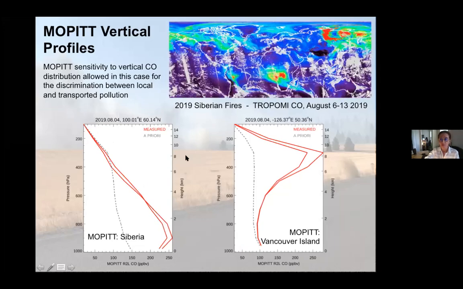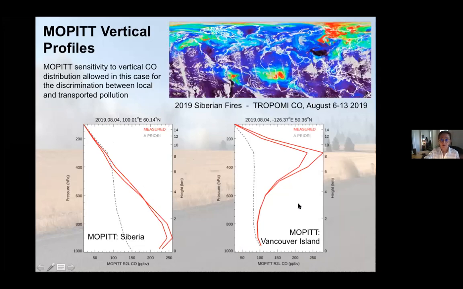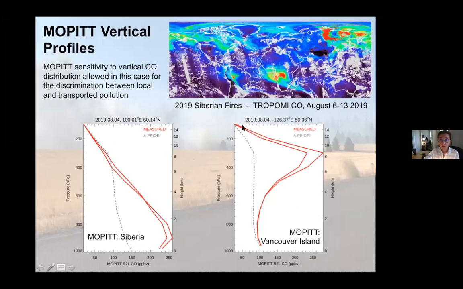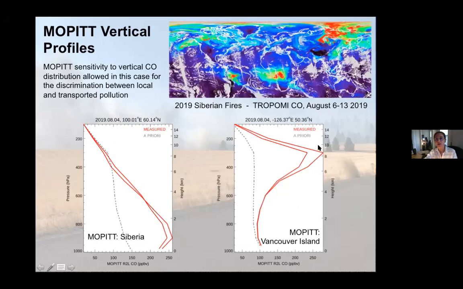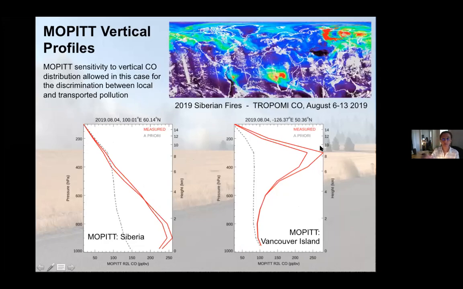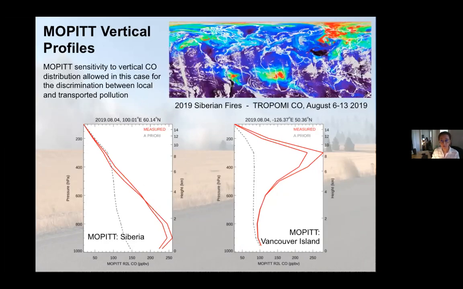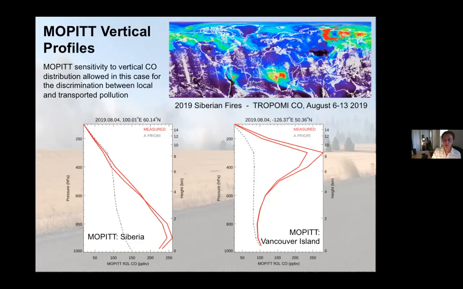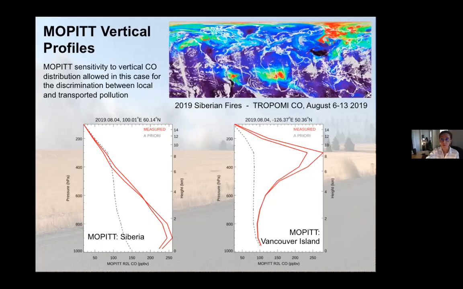Then on the same day, looking at CO over Vancouver Island on the west of Canada, you can see MOPITT measured elevated CO, but in this case, it was at around 9 kilometers high. So MOPITT has that ability to see the location of CO in the vertical, so you can tell a local source from transported CO. It's a very valuable capability.